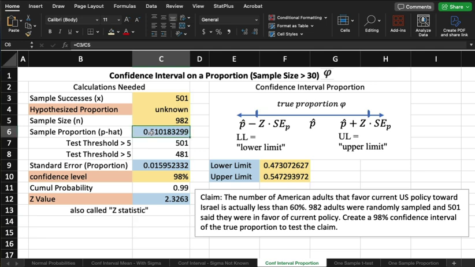P hat is always going to be a number between 0 and 1 because it's basically a percentage, a percent of the results that fell under a certain category.